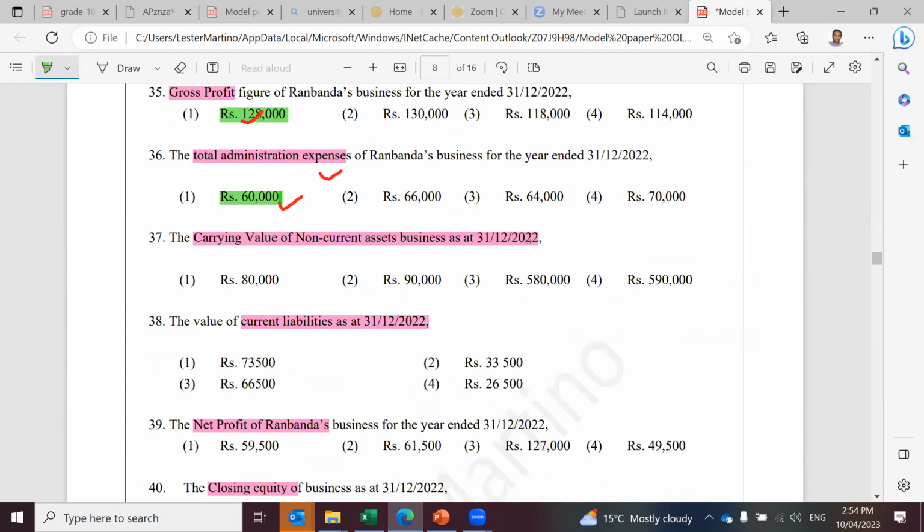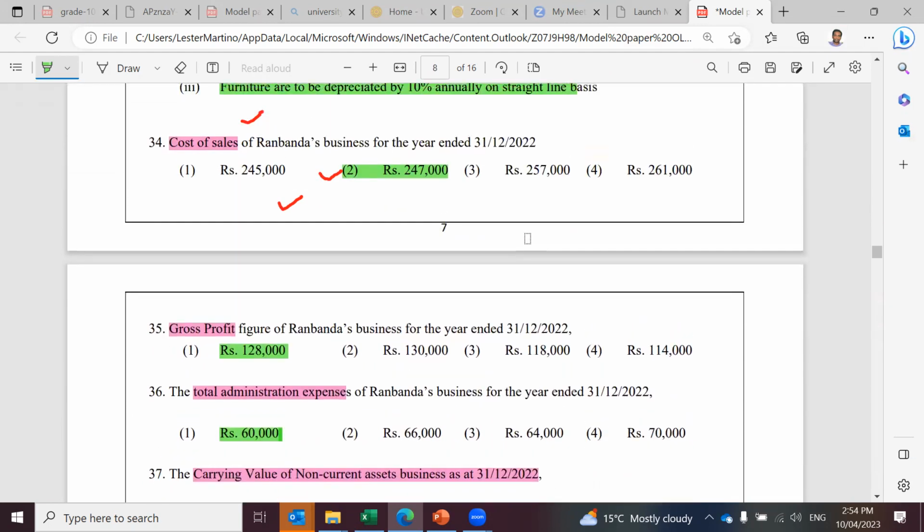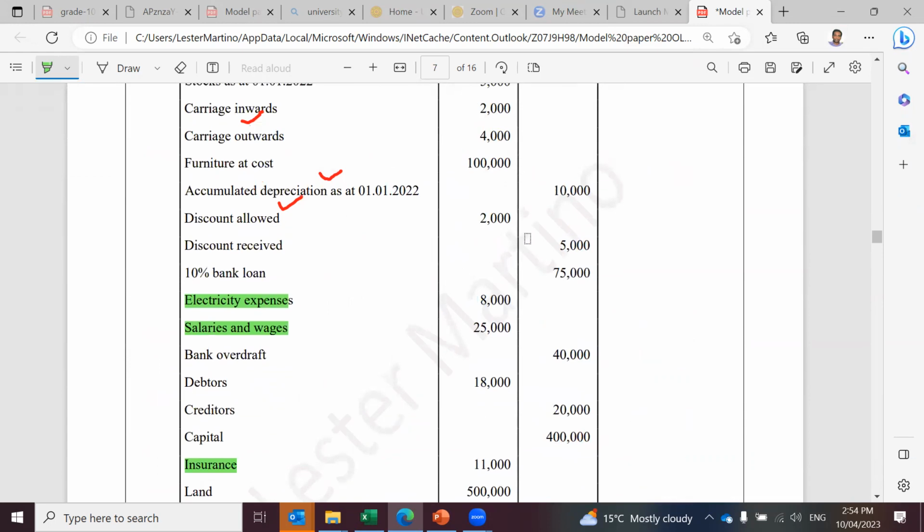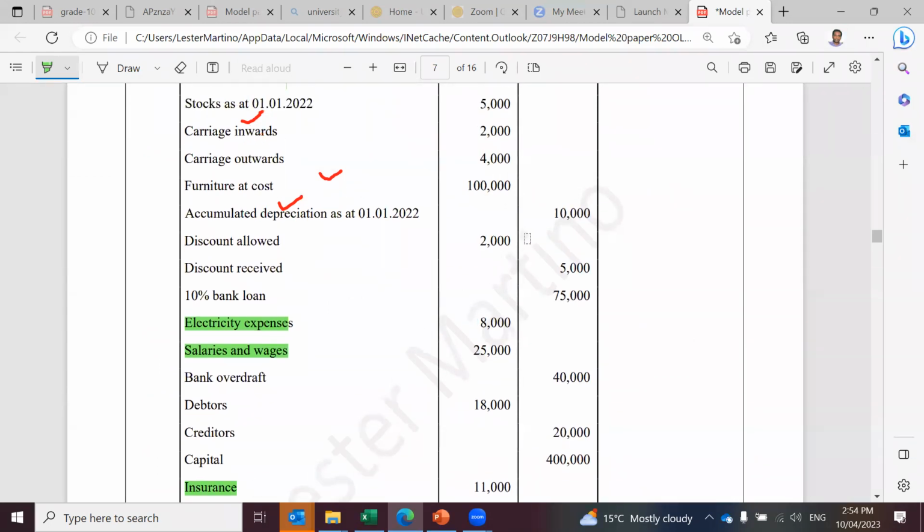Carrying value of non-current assets. I need the answer from you. The cost of the furniture is 100. The accumulated depreciation opening balance is 10. So when this year's depreciation is added to that 10, what is the accumulated depreciation at the closing date? 20.